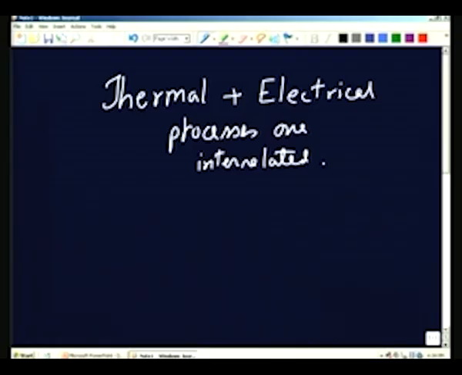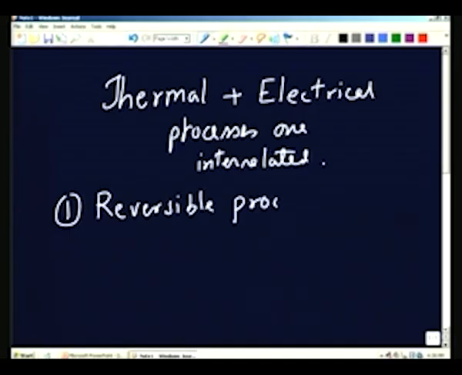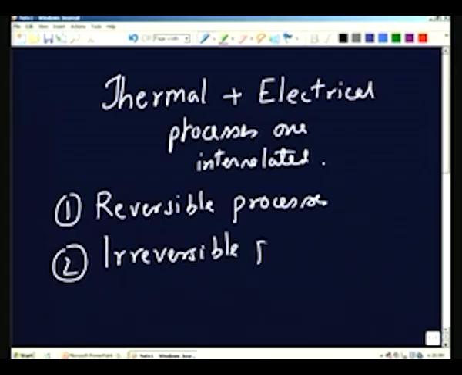Let me classify these into 2 types of processes. One, we will call them reversible processes. The term reversible is being used in the thermodynamic sense, and there could be irreversible processes. I am just going to label them first, and then discuss the details.